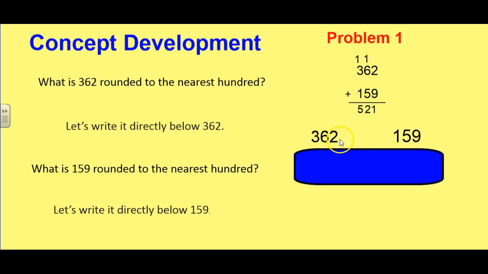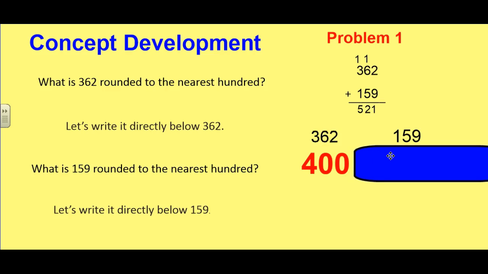If I'm at 362, going back to when we rounded, we know that this is 300, so we're going to have 300 as one number, and one more 100 than 300 is 400. So we have to ask ourselves, what is 362 rounding to? Would it be closer to 300 or would it be closer to 400? Underneath 362 on your paper, I want you to write what it rounds to when you're rounding to the nearest 100.